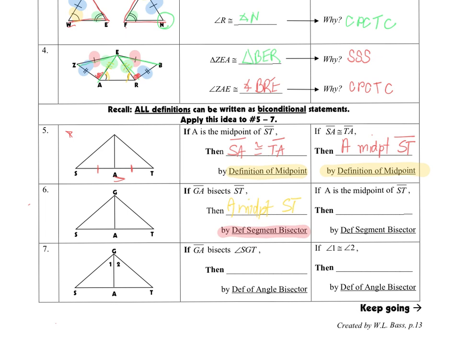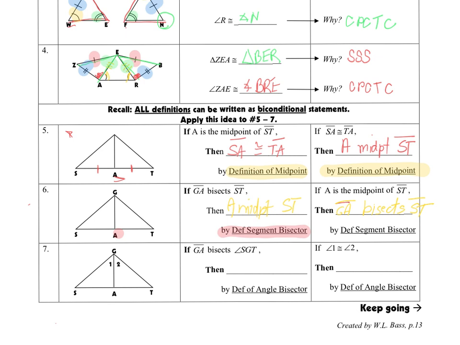Now, if we turn that around and say that A is the midpoint of ST, then what we would know is that segment GA bisects segment ST.